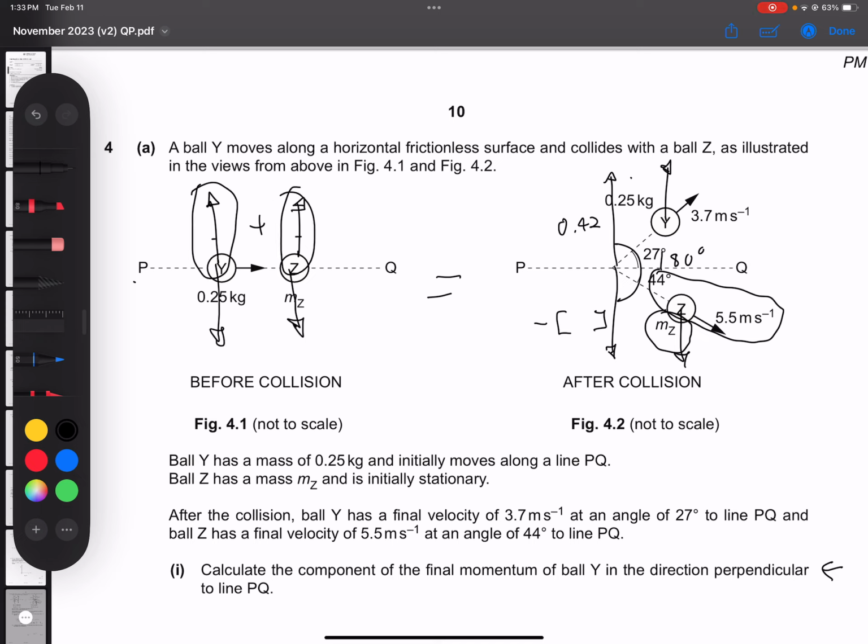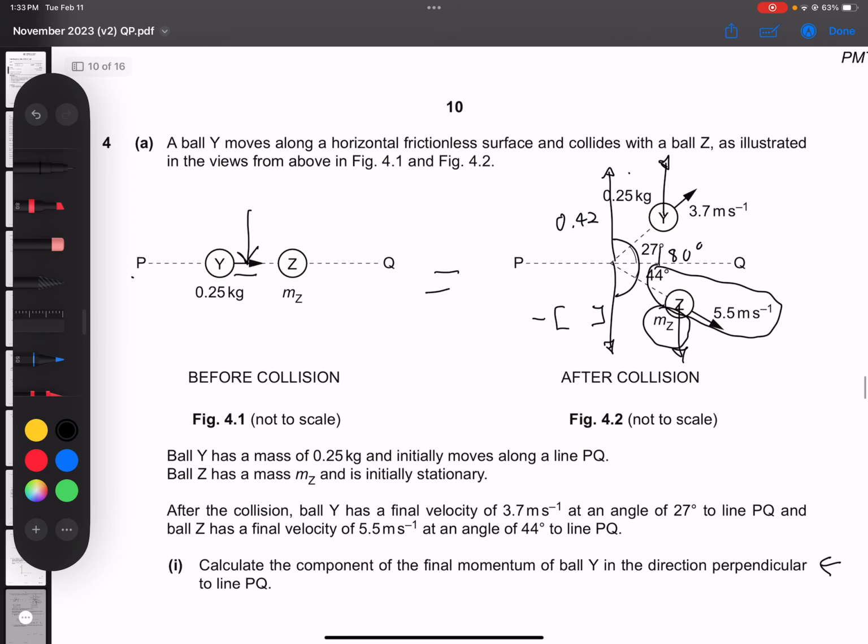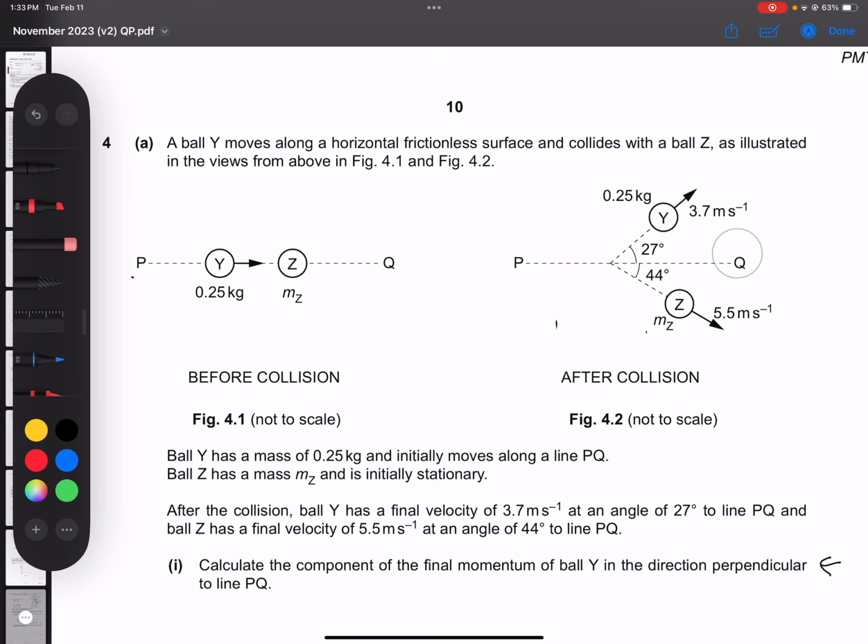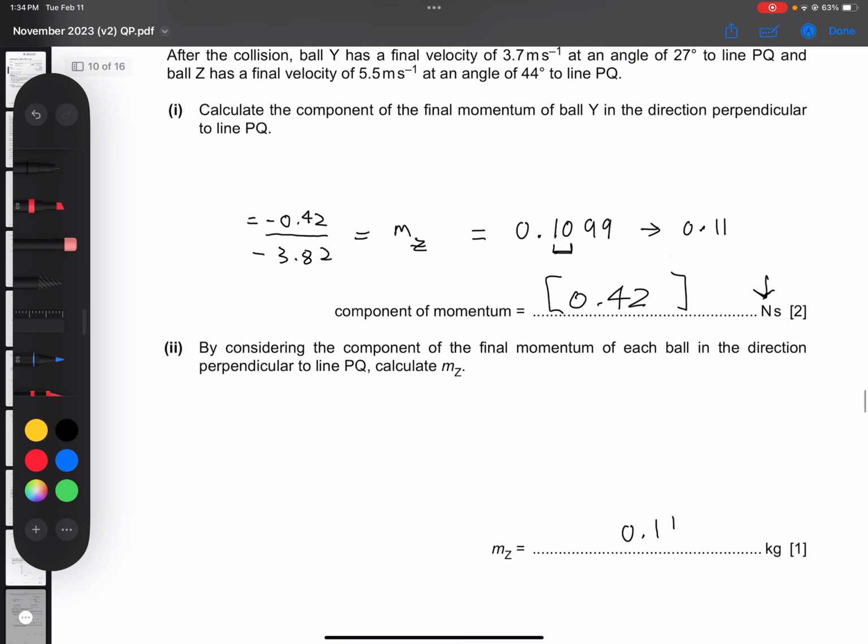No matter what direction we take, it's 0. There is no vertical component anywhere. It's very important to identify that there's only one speed, and that's horizontally, so that doesn't create any vertical component at all. So that's what we did there. I hope you understood. If you can grasp this, you will be fine. It's a simple thing, okay? All these questions are relatively easy, and I believe in you.